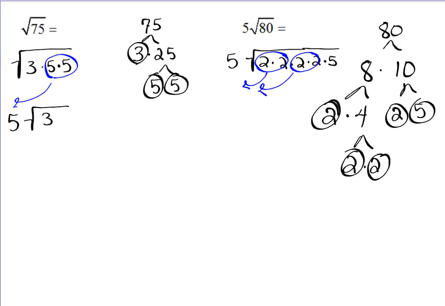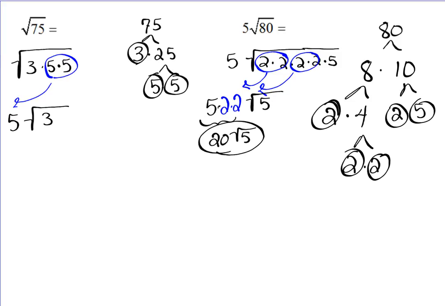All right, so what I have is 5 times, and I'm going to color those 2's in blue so you can see them. And what I have left underneath the radical is the square root of 5. Now, we need to compute 5 times 2 times 2. So this piece right here becomes 20. Square root of 5 does nothing, and so 5 times the square root of 80 is actually 20 times the square root of 5, and this would be my answer.